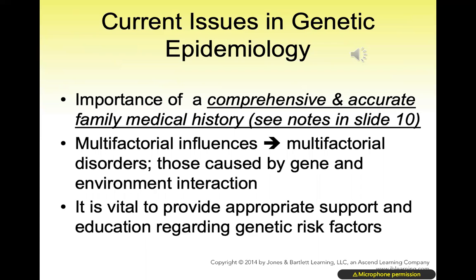Examples of those influences include the genetic and genomic element, but also environment, lifestyle, and other factors that tend to run in families. Examples of disorders that are particularly multifactorial are given in this long list in the notes section.